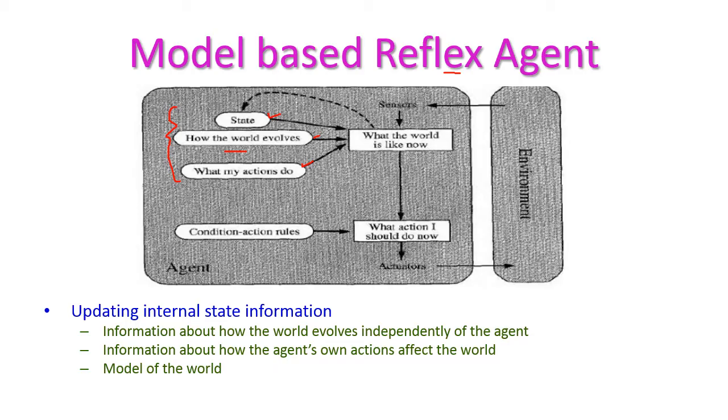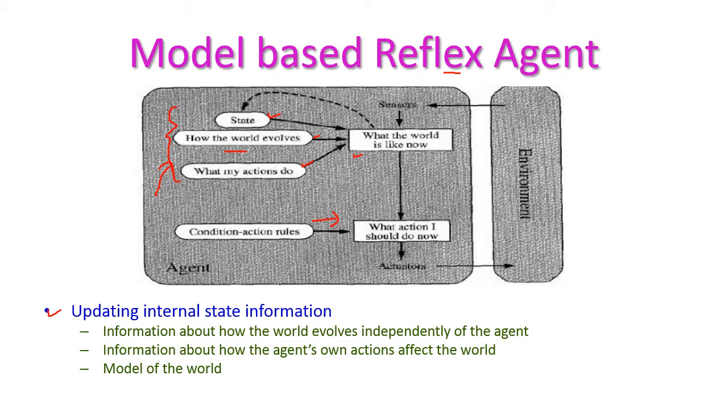All these things will be stored internally in the agent, that is what the world is like now. With that information it will select which action to be performed at the current state. So this is the model based reflex agent, where the model of the environment is stored in the agent, in the database.